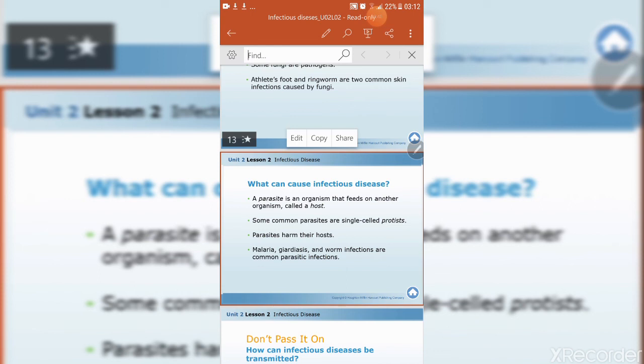If the plasmodium enters the body, in the first 24 hours it causes fever, chills and fatigue. If it is not treated during the first 24 hours, it can develop into a very severe disease. The malaria becomes very, very severe and it can cause death.